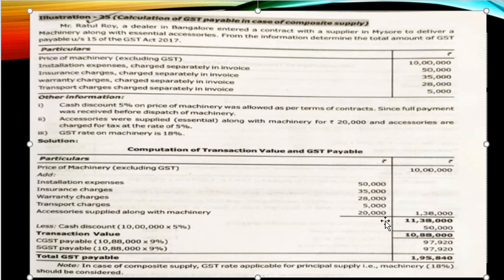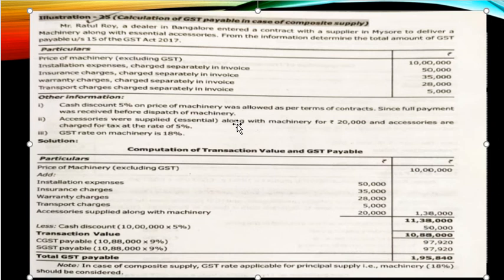So the accessory is 20,000. So what is the total expenses incurred? 50,000 plus 35,000 plus 28,000 plus 5,000 plus 20,000, which will give us 1,38,000. So this 1,38,000 will be added to the price of machinery, which is 10 lakh. So 10 lakh plus 1,38,000 will give us 11,38,000 as the total.